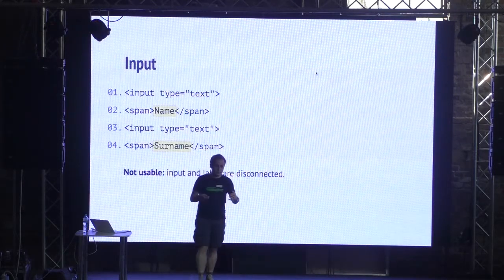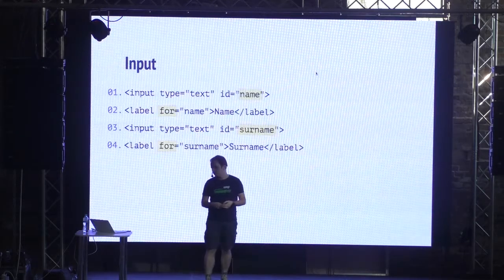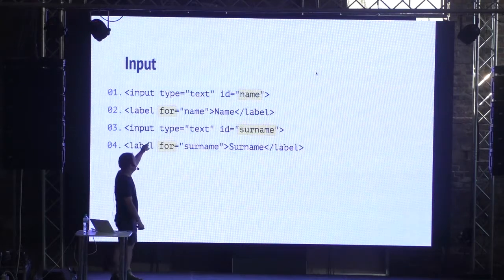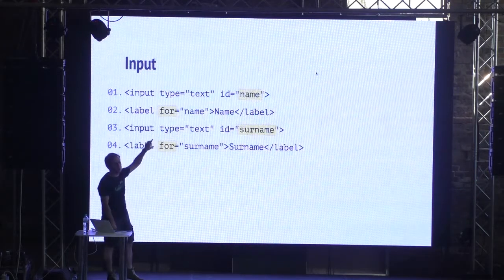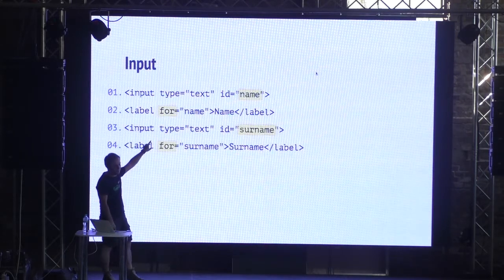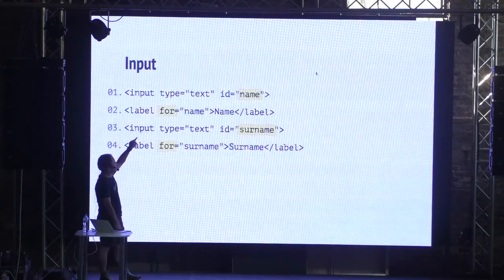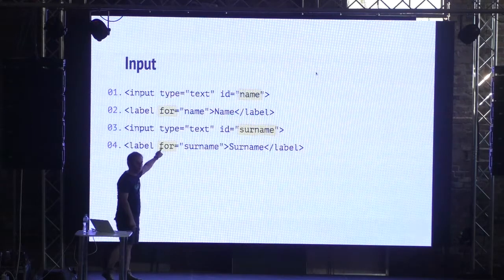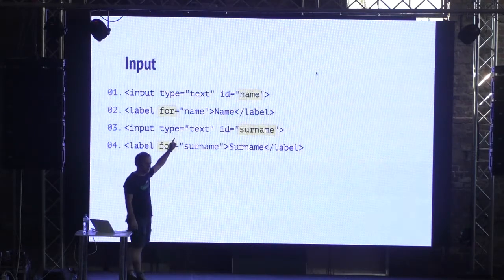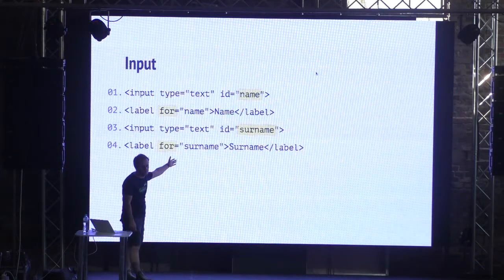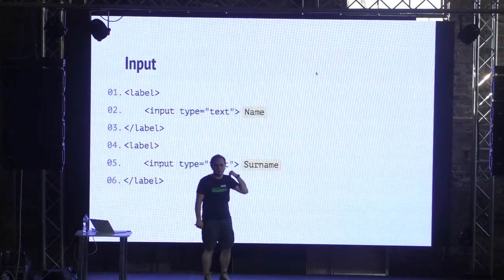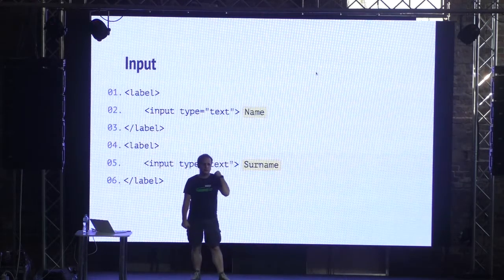But there is a way to attach a label to this input by just using the label element and providing a for and ID connection between them. So you're just adding a text label to the input, and once this input is focused, the screen reader will understand this is a name field, and we expect you to type your name in this field. Easy. There is a simple way of doing this by just nesting your input and text string inside of a label.